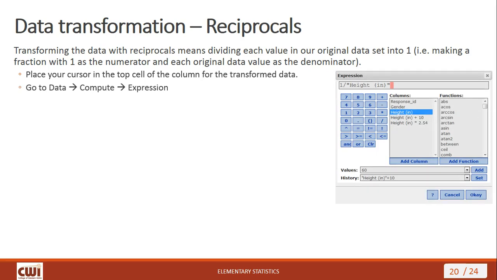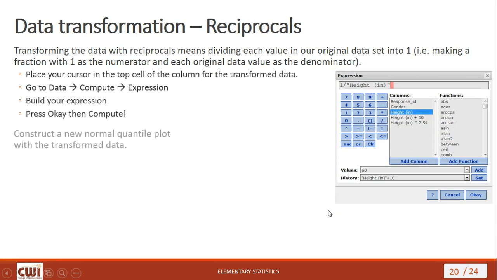When you get to your expression builder, type in 1 and then press the slash button and then add in the column height inches. Press Add Column so it adds it in, then once you have that expression built, press OK, and then Compute in the next window, and we have what we need to construct a new normal quantile plot.